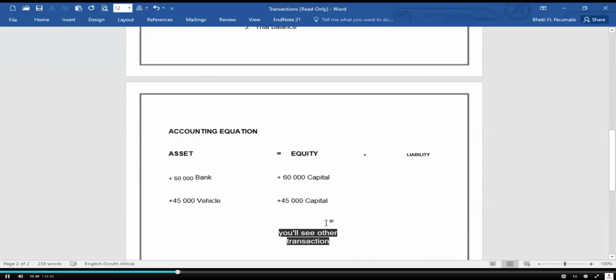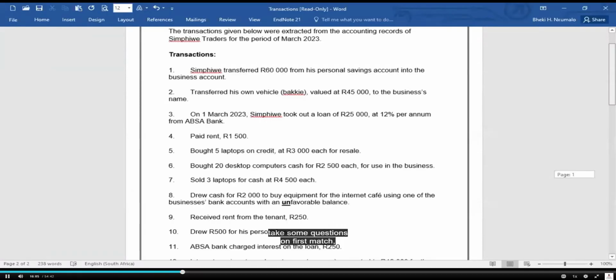All right, let me move to number 3, then I'll take some questions. On 1st March, that means the beginning of the month, 1st March, Simpiwe, the owner, took out a loan of 25,000. All right, he's asking a loan now. He contributed cash in the business. He contributed a vehicle in the business. Also, he's asking for a loan. I'm not too sure why loan now.